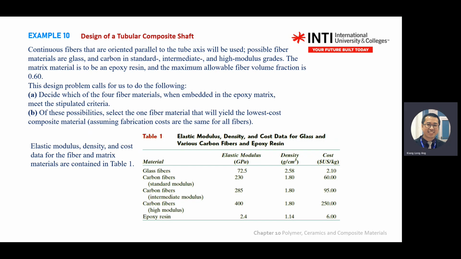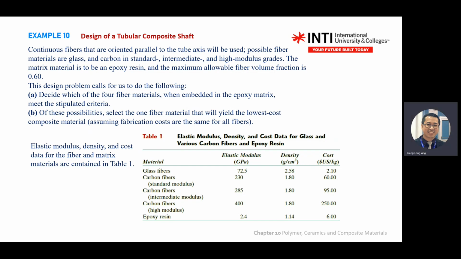So the design task is to do the following: decide which of the 4 fiber materials can be used to support the customer requirement. Out of the possibilities, select the one fiber material that will yield the lowest cost of the composite material. So it will be similar to the one you see in your test 1, right? The test 1, the second question is a similar thing.